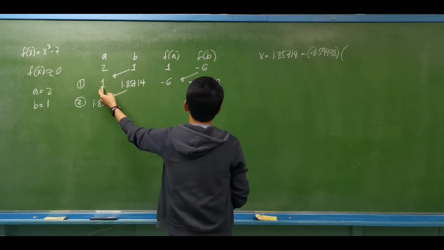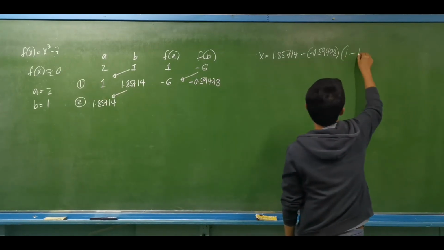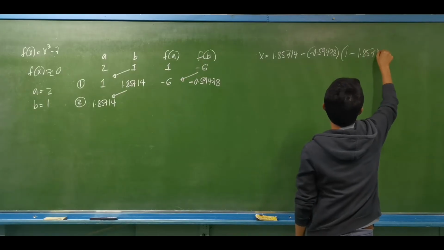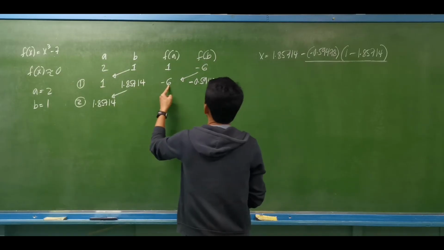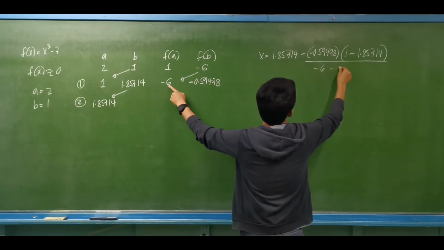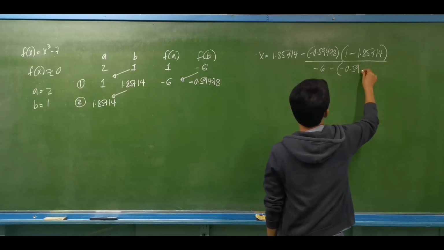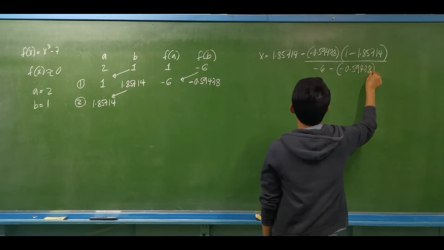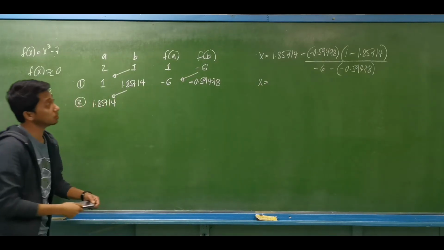What is our a? 1 minus b, 1.85714. This is divided by f of a. F of a is negative 6 minus f of b, which is negative 0.59478. So this is the new value of x for the second iteration.